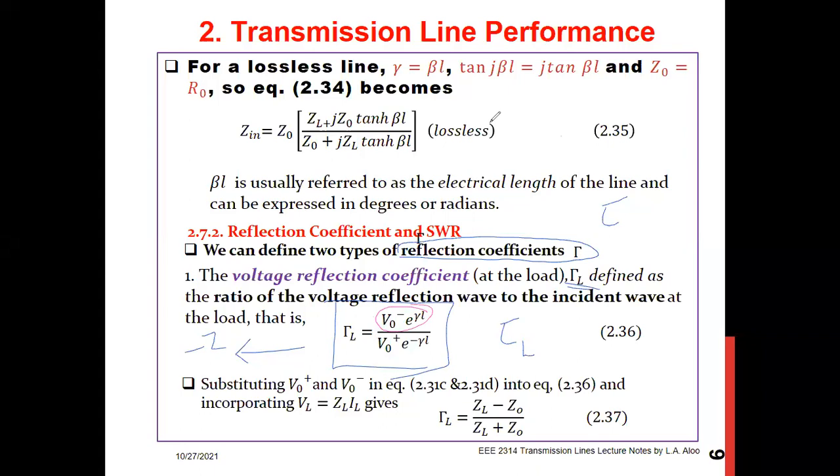And the component at the denominator represents the component of the wave that has been launched into the transmission line. We call it the incident wave, or the forward traveling voltage wave. Now, if we were to go for the magnitude of the reflection coefficient at the load, we will specifically go for V naught negative divided by V naught positive.